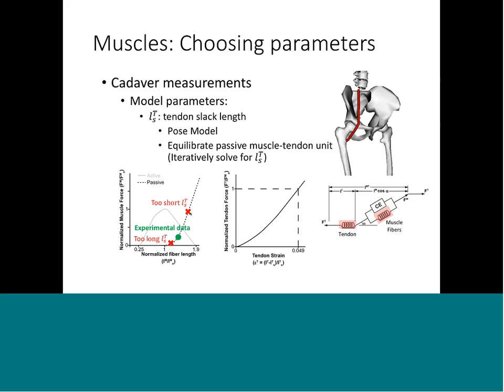And so we know that on our next guess, we need to guess a longer tendon slack length. Alternatively, if we guess a tendon slack length that's too long and we have a relatively compliant tendon spring, our muscle fibers may not be as stretched as experimental data suggests. So in our next guess, we guess a slightly shorter tendon slack length. And we can iteratively do this until we narrow in on matching experimental data.